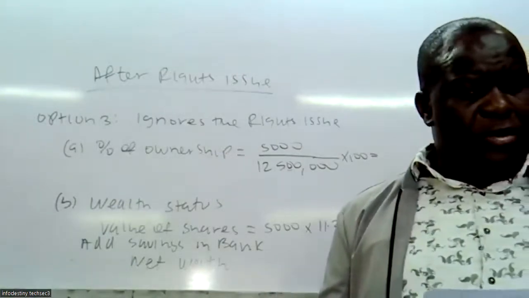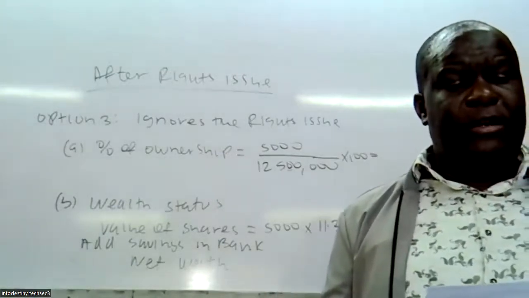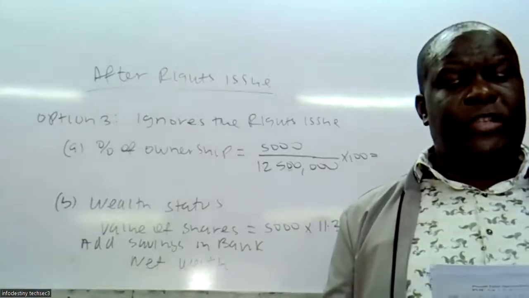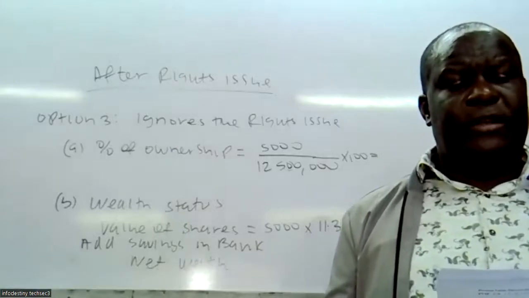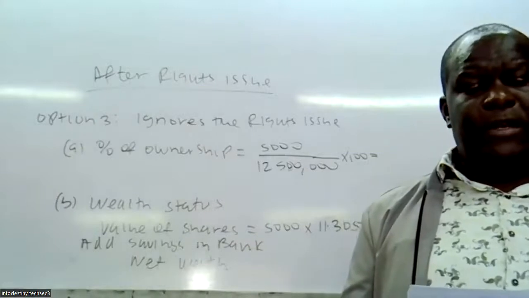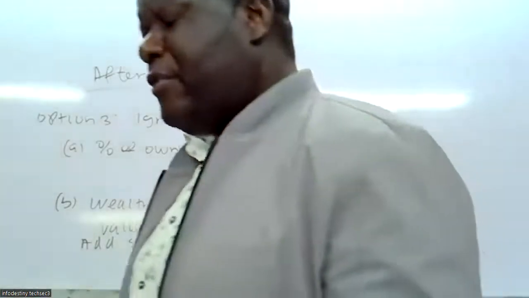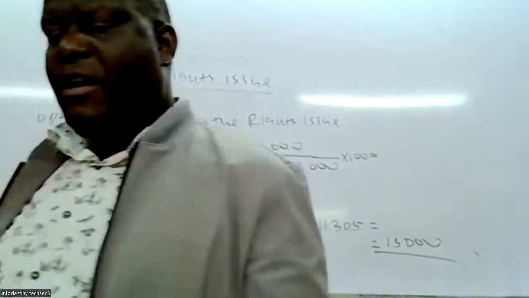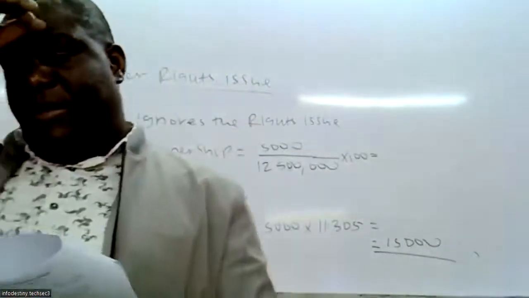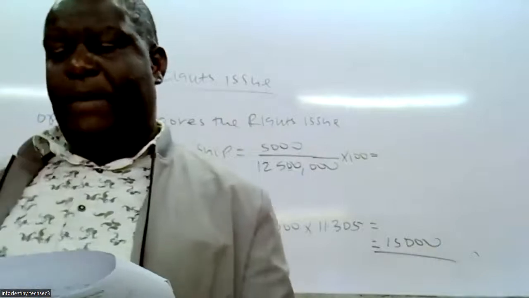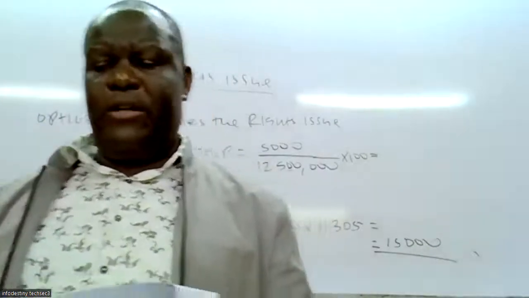Now required: Roman letter 1, number of the ordinary shares to be issued to raise the required capital. Roman letter 2, number of the rights required to subscribe for 1 new ordinary share. Roman letter 3, the theoretical ex-rights market price per ordinary share.